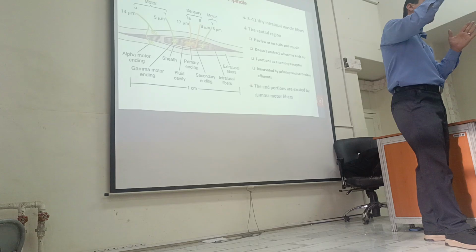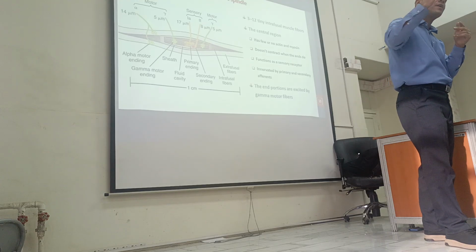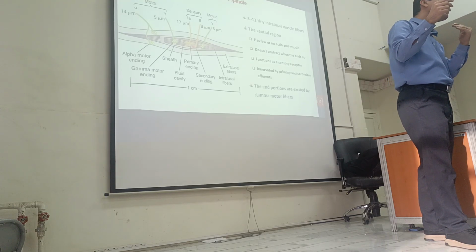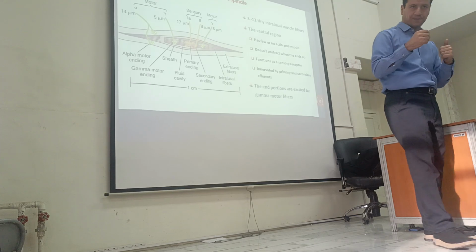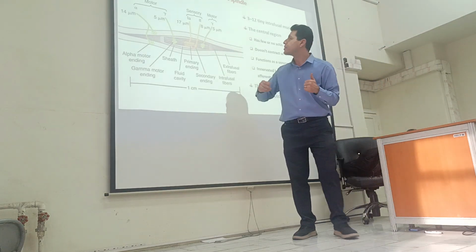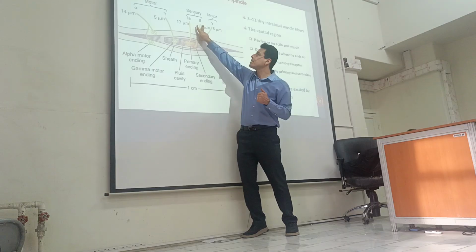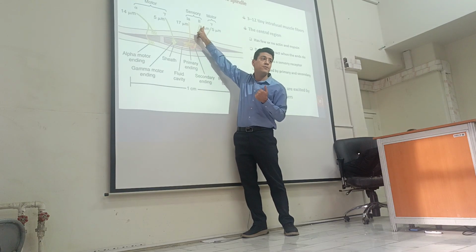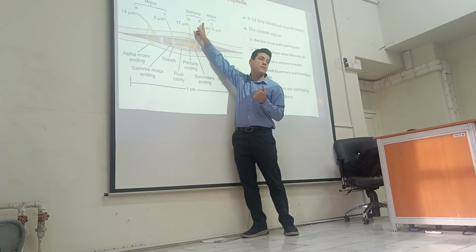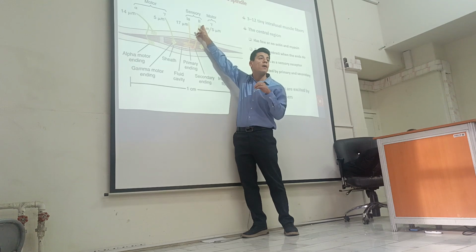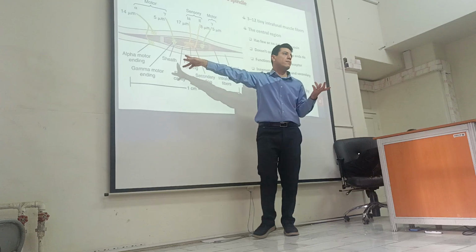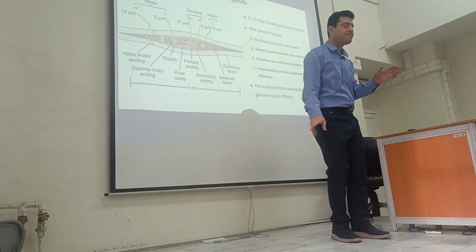Type 2 is similar to A beta and gamma. And type 3 is similar to type A delta. Remember that, right? So now we are using this system, type 1A and type 2. They are large myelinated fibers that innervate the middle part of the spindle, right?